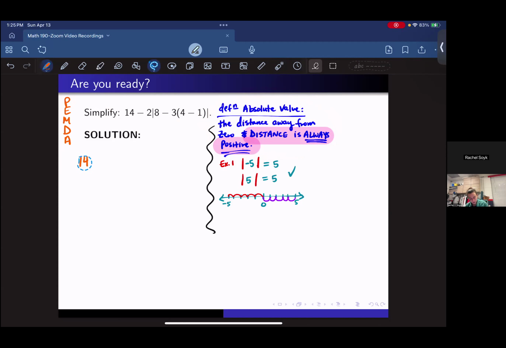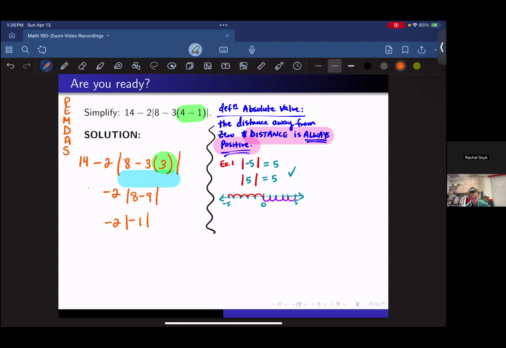And so I'm going to solve this 4 minus 1. And when we do, we get 3. I'm going to rewrite the rest of the problem. And then we're going to hone in on that second grouping, which is our parentheses. We have 8 minus 3 times 3, which is 9. And 8 minus 9 is -1.